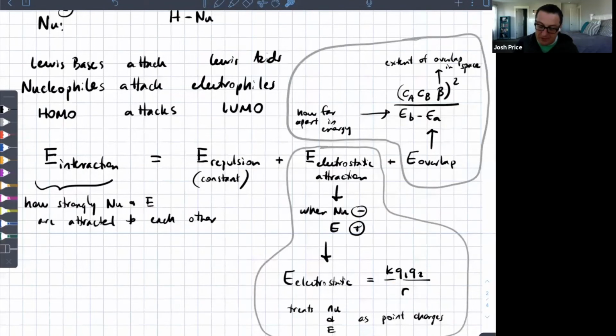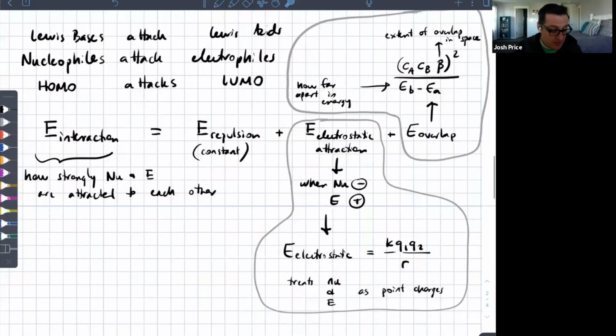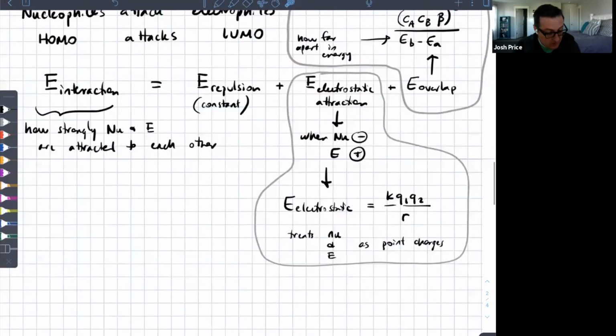But if you're a nucleophile that, again, has a negative charge held very tightly, probably the extent of overlap in space is not very good.